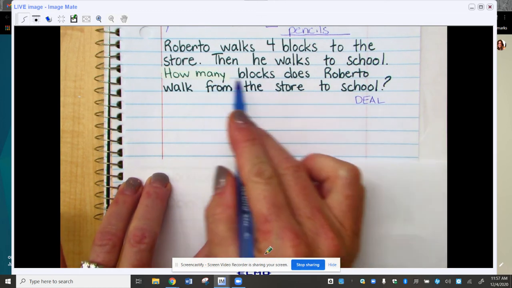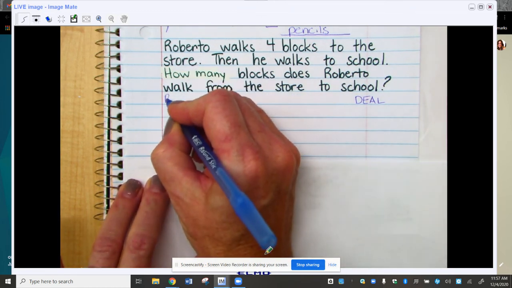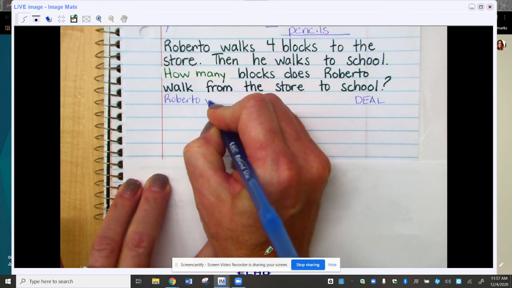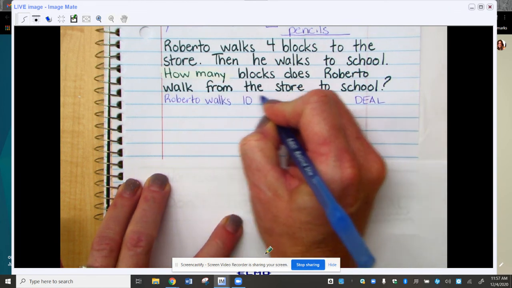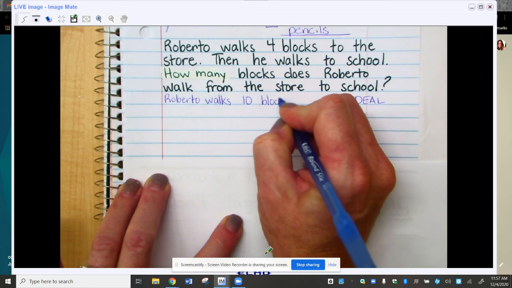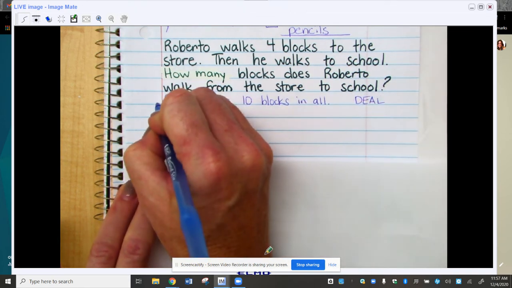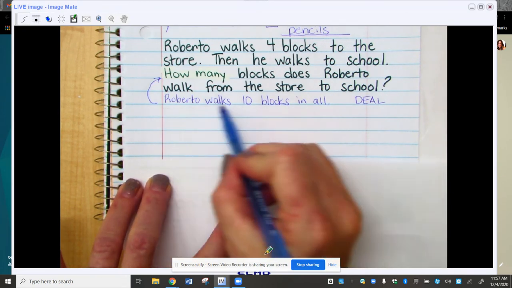I forgot to write in my story problem that Roberto walks 10 blocks in all. I forgot to put that up here. So that's going to help us figure this out. I thought maybe there was a number missing. So you know what? Roberto walks 10 blocks in all.